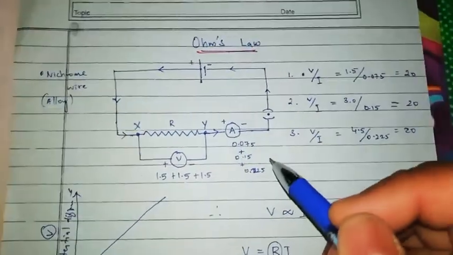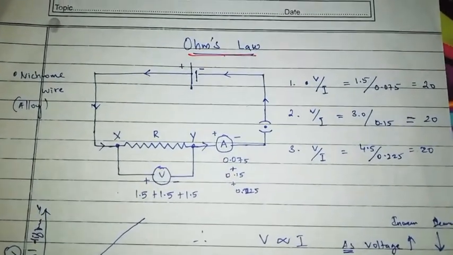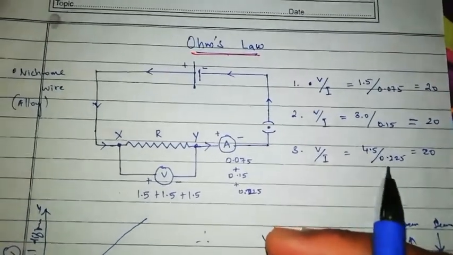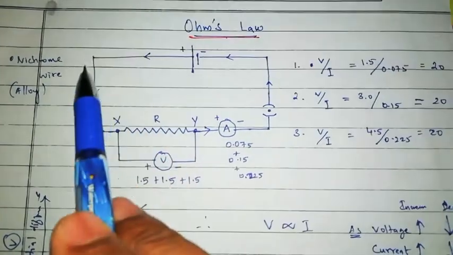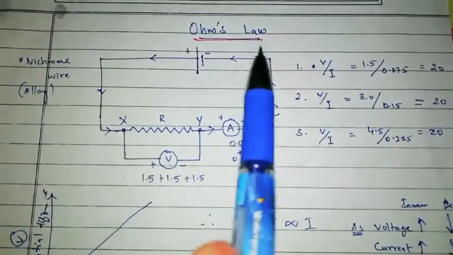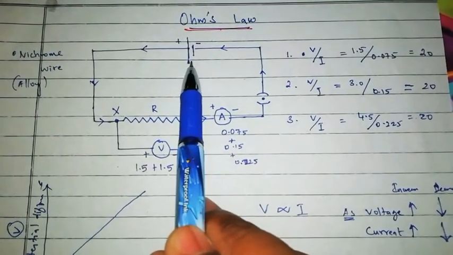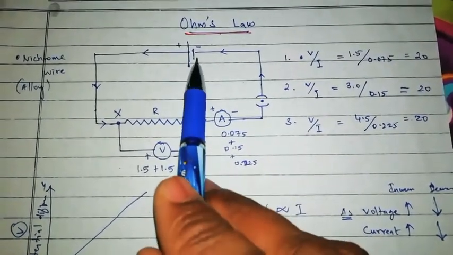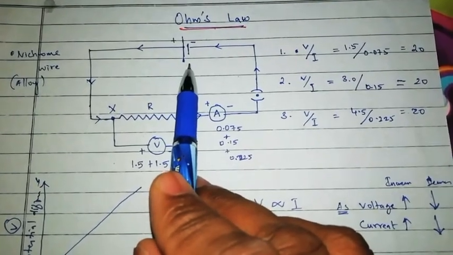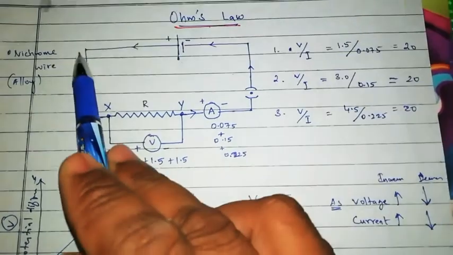If you want to learn Ohm's law, we have to learn this activity carefully. So listen to this activity. This is a circuit diagram. What are all the things present in the circuit diagram? We have a battery here, we have a cell here, and first we are connecting only one cell. These are the wires.